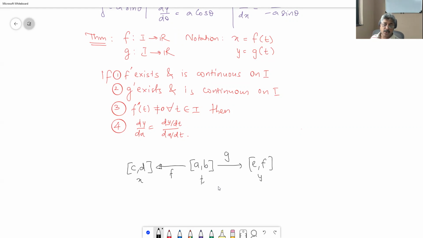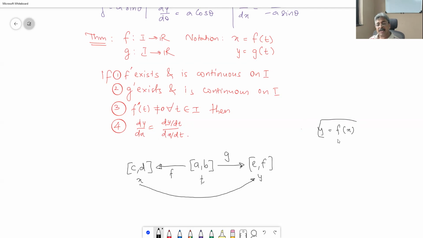So therefore it is important to establish the relationship between x and y. That is what is our skeleton. Now if you see the arrows, from this we are going towards x, from this we are going towards y, and now we want to express dy by dx where y is a function of x.